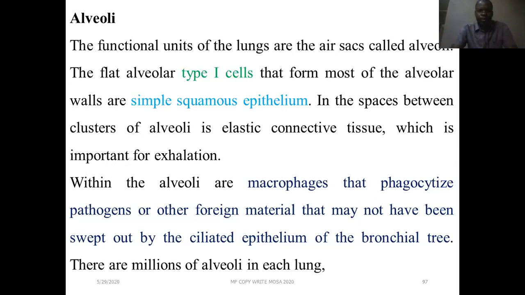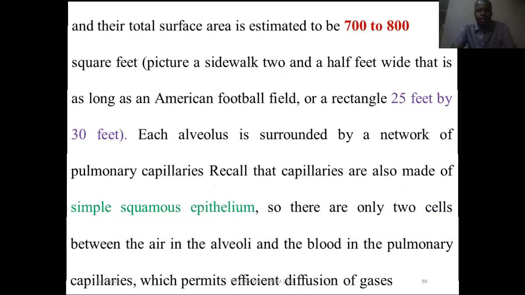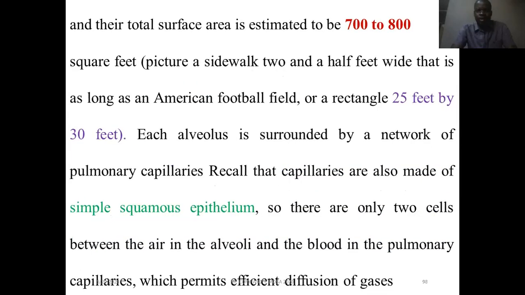There are billions of alveoli in each lung. So we have a lot of these in our lungs, and the number simply means that these are very important cells as far as respiration is concerned. Their total surface area is estimated to be 700 to 800 square feet.